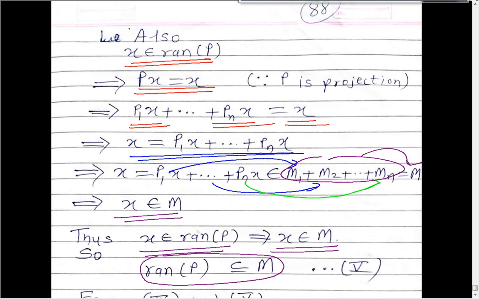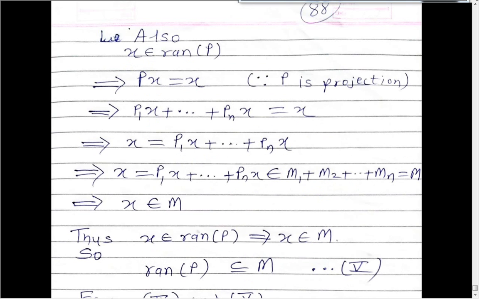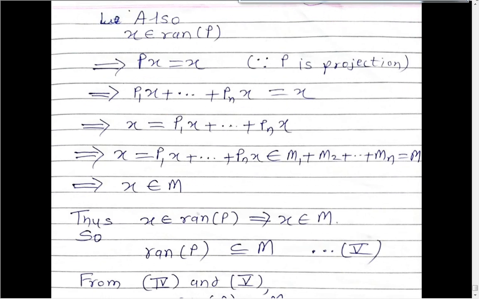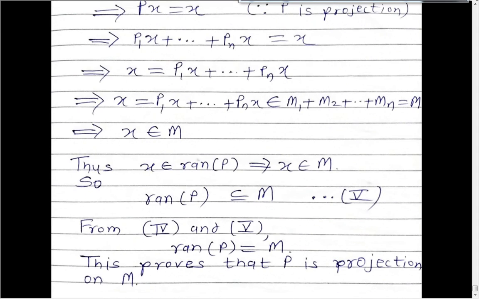From whatever we have proved so far, we could write that M is a subset of range of P, and range of P is a subset of M. So this proves our argument that P is a projection on M. This is what we wished to prove in the theorem.